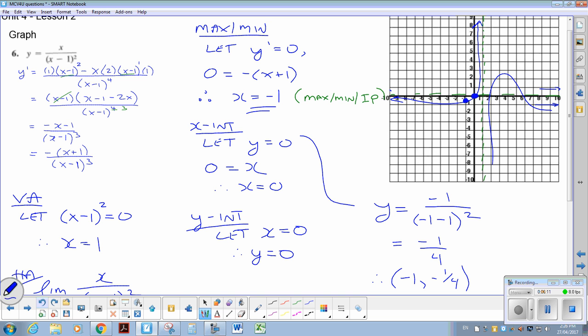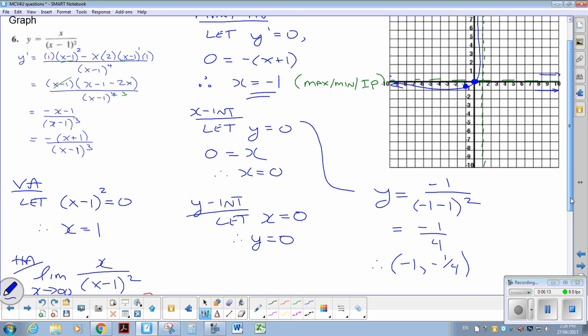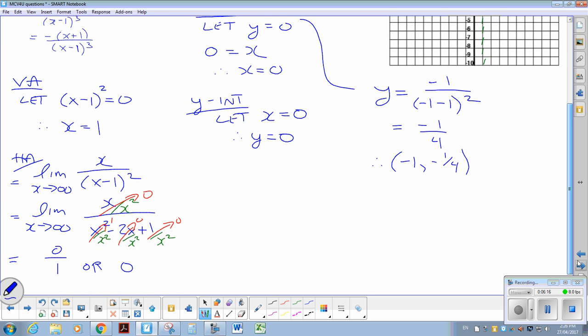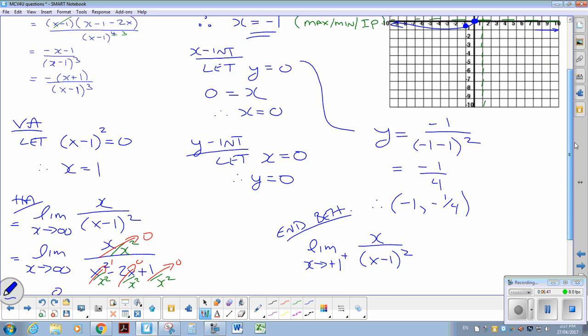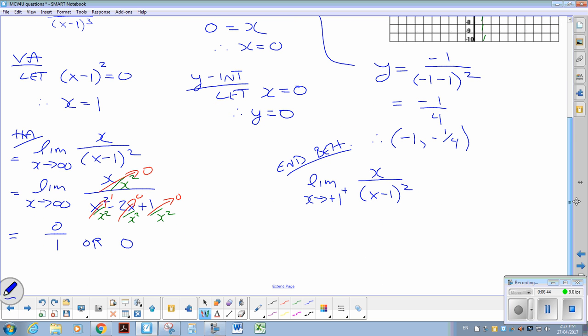That can't happen. So if in doubt, what you can do is analyze it as x approaches 1. So what does the limit look like? So this is end behavior. The limit as x approaches 1, and let's go from the positive side because that's what we're interested in, for x over (x minus 1) squared. So in my mind, I'm using a number slightly above 1, so let's say 2.